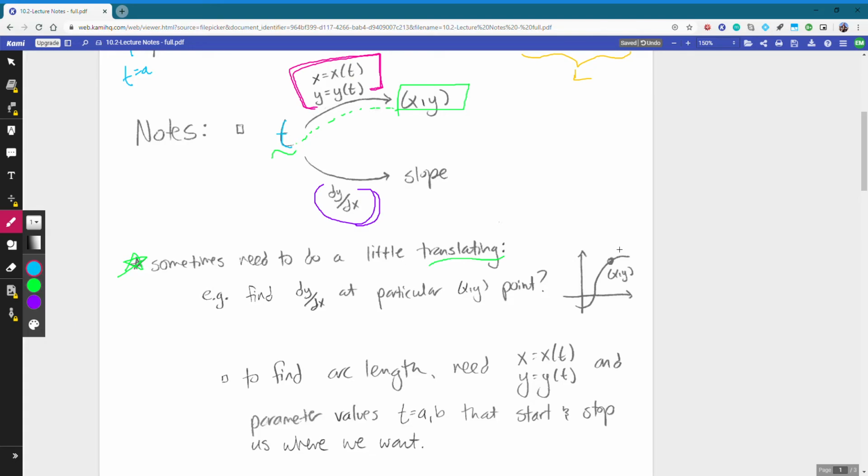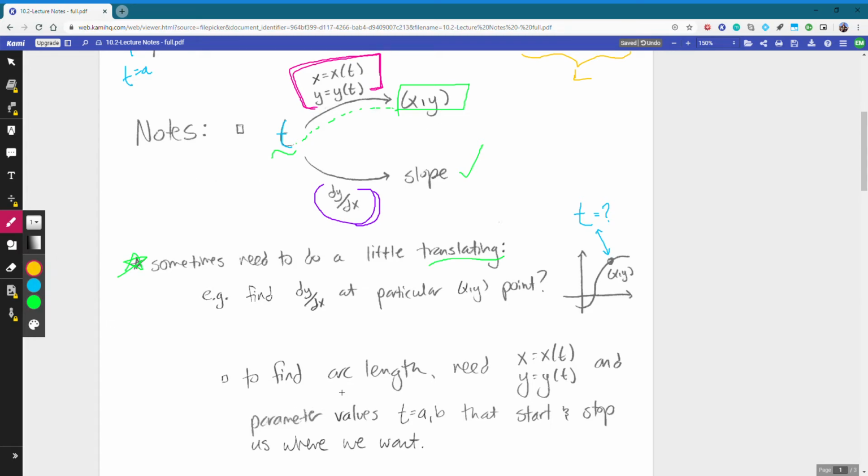We would need to take this point and figure out, hey, what t value corresponds to this point? What t value gives us this point through our parametric equations? And once we have that, then we can plug that t value into our slope formula and get what we want. And so sometimes we need to do a little bit of translating one way or the other, depending on what kind of question we're asked.